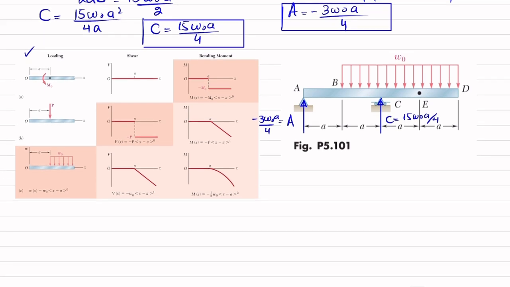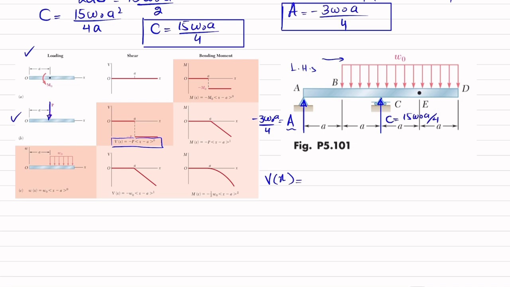Okay, so starting with the shear force diagram, I will write V of X is equal to the first load, starting from the left-hand side and moving toward the right side. So the first load is A. For a point load, the figure is this, and for that the shear force equation is this one.